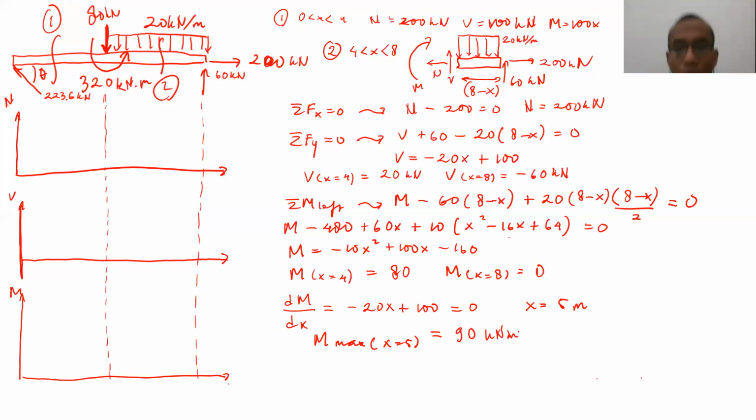Okay, now we can draw. We can draw all the things here. This is just now the N. This is just now the V. This is just now the moment equation. From x equal to 0 to 4, the axial force is 200.